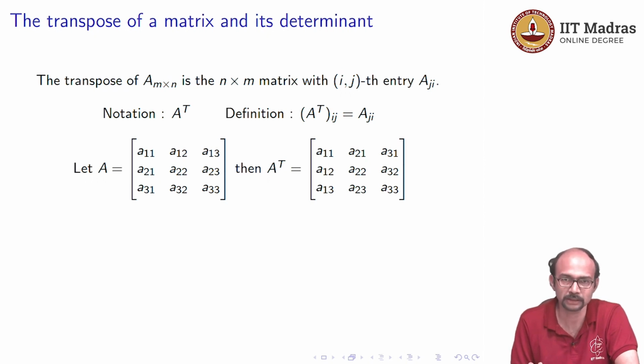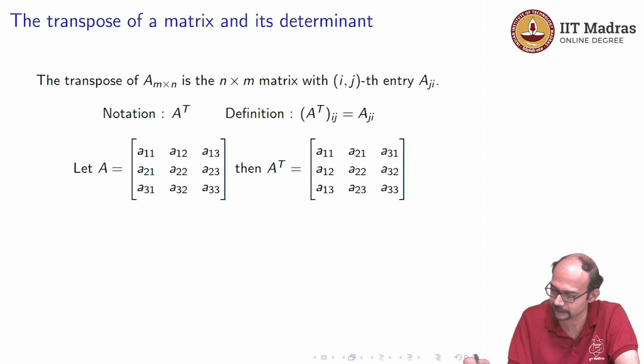For square matrices, the transpose has the same size. And what happens to the entries? If A is A11, A12, A13 and so on, then A transpose is A11, A21, A31, A12, A22, A32, A13, A23, A33.